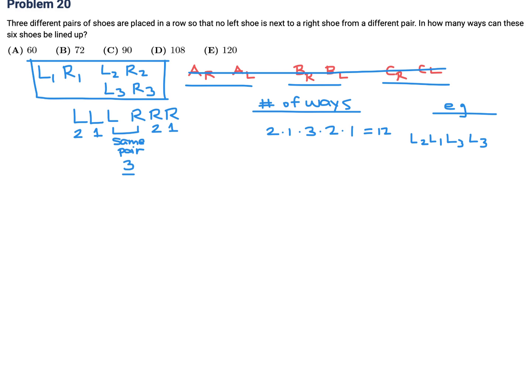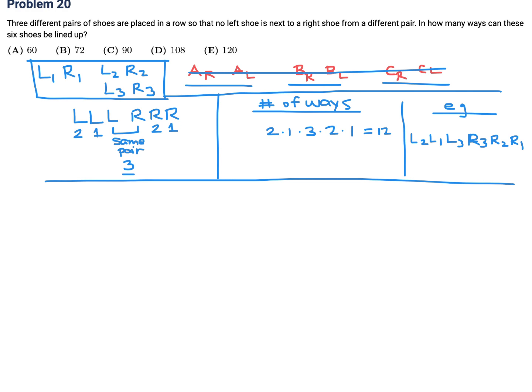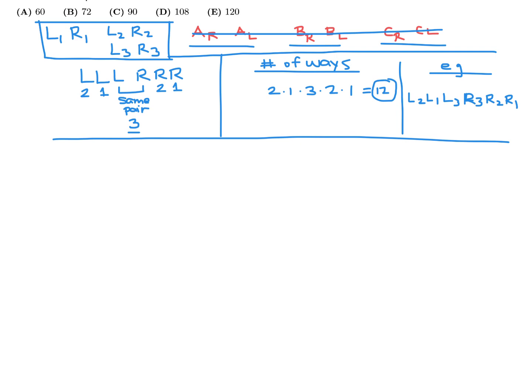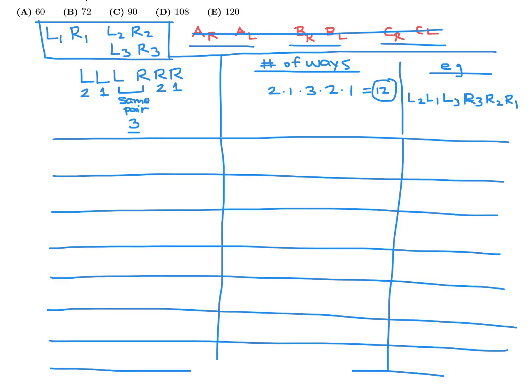And on that side, R2, R1. So this would be an example of that. Okay. And we'll circle the number of ways because at the end we have to tally them all up. We have to add them all up. So we're going to have a lot of ways here.